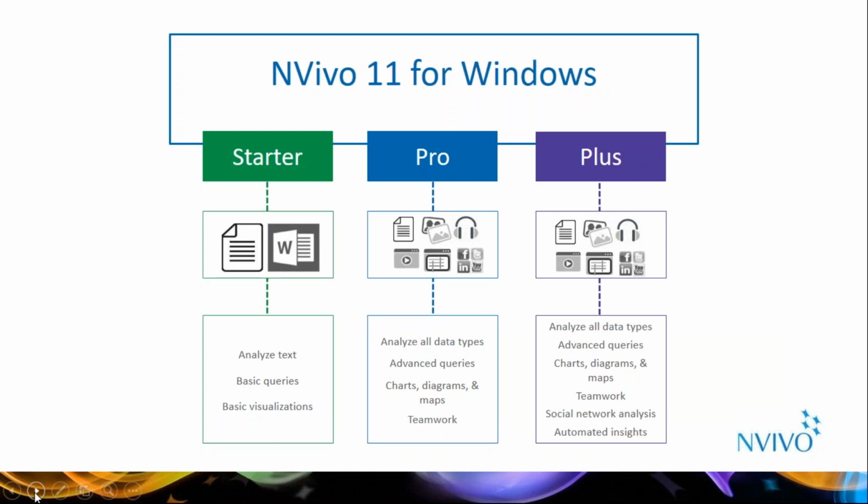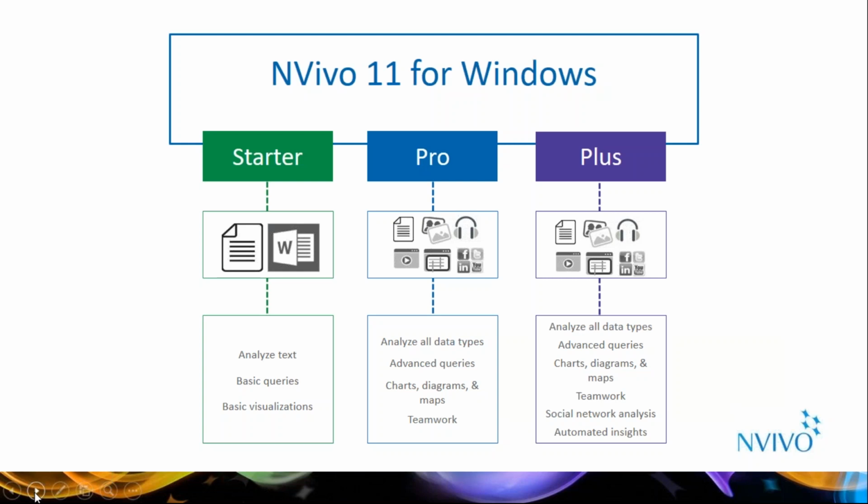Some will be available in Starter. Starter gives you the ability to analyze text, run basic queries, and have basic visualizations. Pro builds on that so that you can analyze more types of data, do advanced queries, more charts, diagrams, and maps. You can also bring teamwork into it in situations where that might be a component.